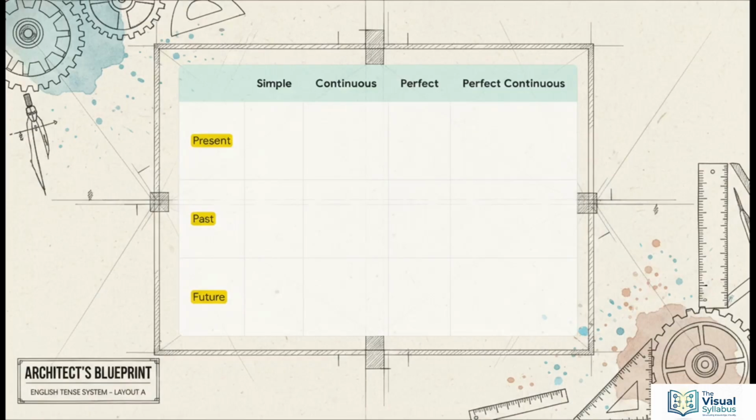That's it. And here it is. This is the architect's blueprint. Just a simple grid. You've got 3 rows for our tenses and 4 columns for our aspects. Every single one of those 12 tenses fits perfectly into one of these boxes. This little grid right here is about to become your new best friend.